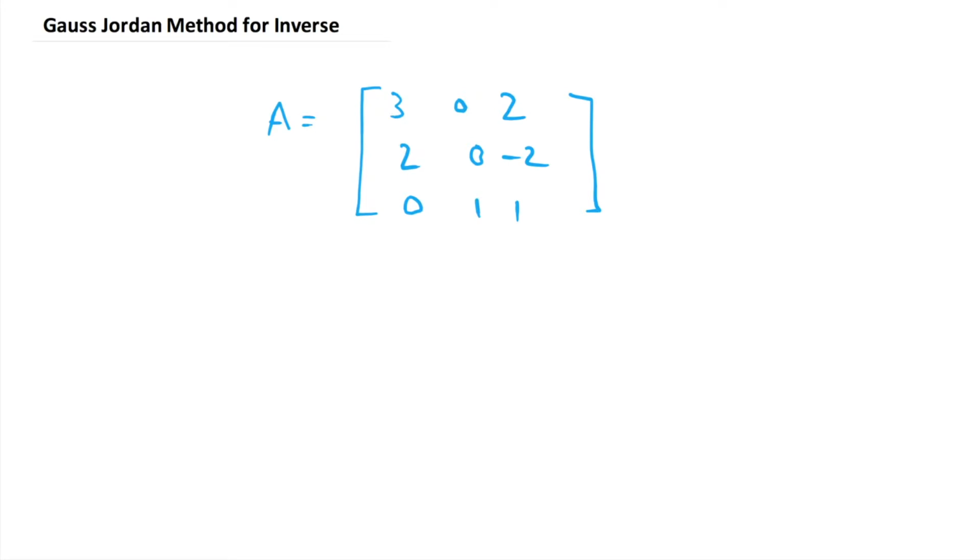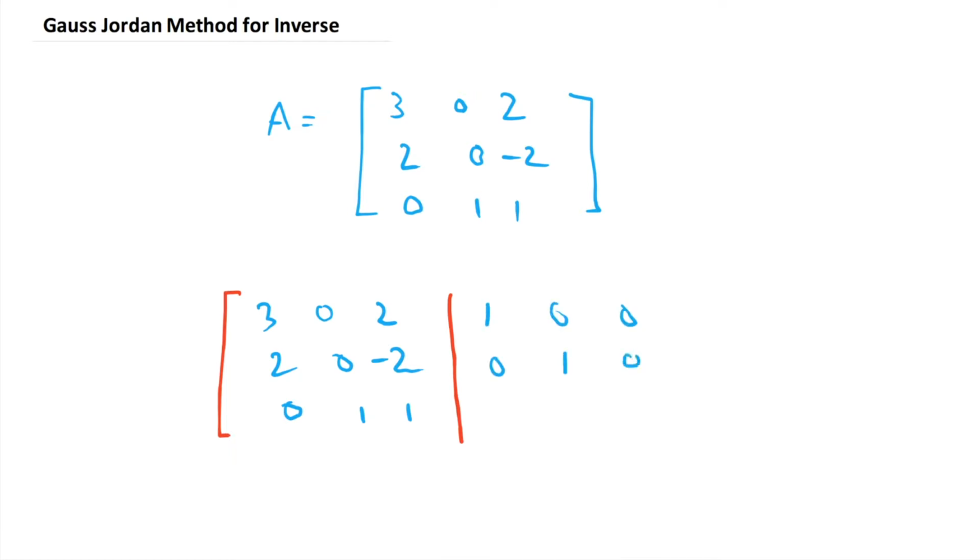So let me write down the matrix first. It's [3, 0, 2], [2, 0, -2], [0, 1, 1]. And then we put a bar in front of the matrix, and then we write down the identity matrix. So that's going to be [1, 0, 0], [0, 1, 0], [0, 0, 1].